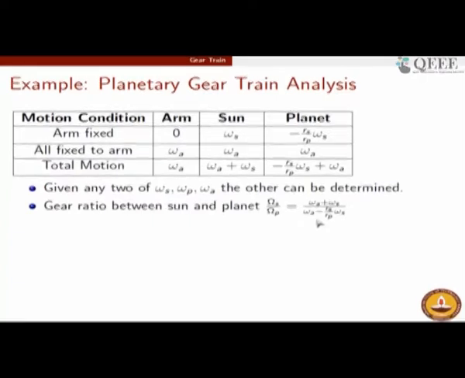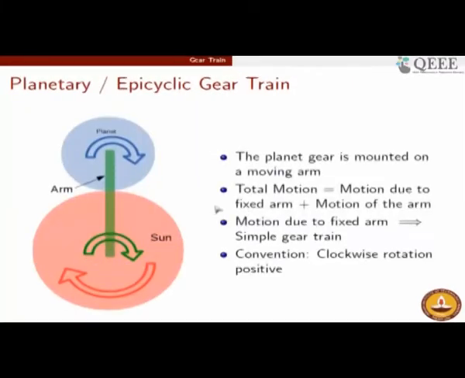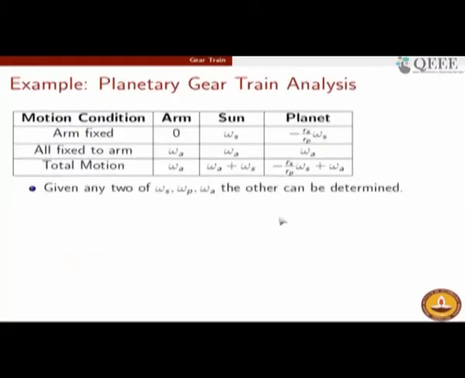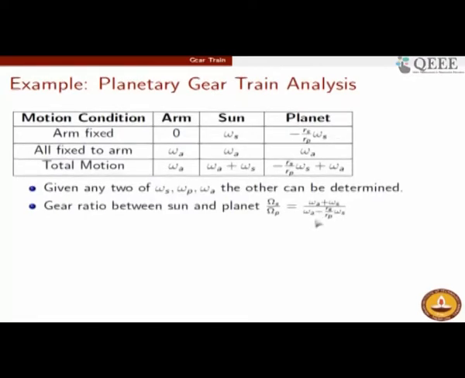If I can independently control the arm speed using a planetary gear train, I can attain any gear ratio that I want, because I have the gear ratio dependent on omega a. So omega a is a new control parameter which is entering my gear ratio. If I can independently vary my omega a, I can get any ratio between the sun input and the planet output, or planet input and the sun output. Either way it can work.